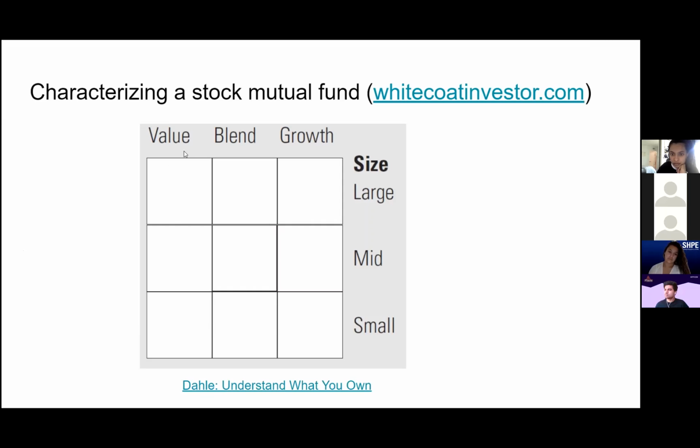So up here you have these big large cap growth stocks like your Google and your Apple and your Facebook, etc. And you have your value funds, which are more like, as I said, where the stock price is sort of smaller than the value of the company.